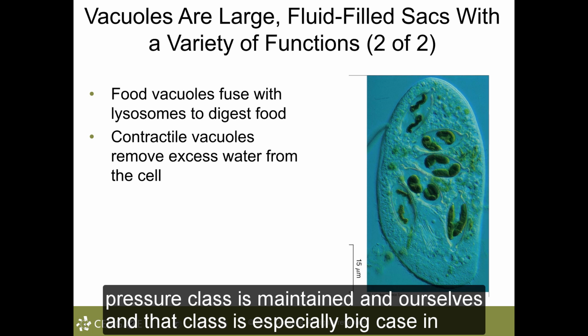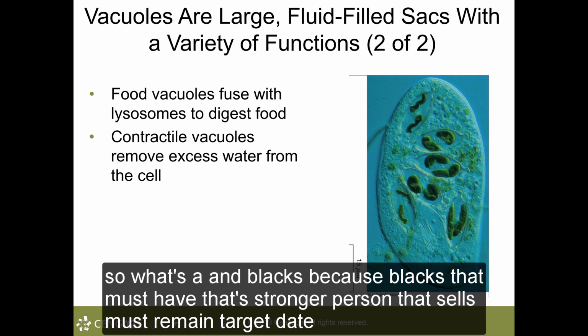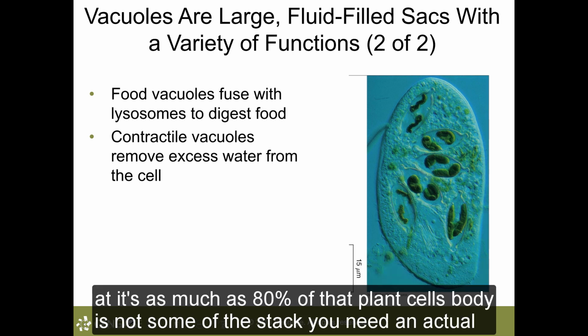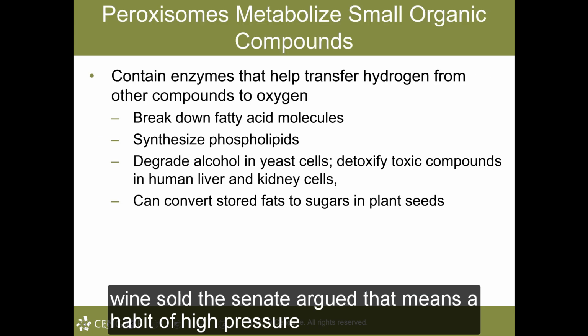I say in plants because in plants they must have that turgor pressure. Their cells must remain turgid, and as much as 80% of that plant cell's volume is nothing more than this vacuole, and that's a lot of it. So when I say they're turgid, that means they have that high pressure. And from here, we'll keep moving on to the next, being the peroxisomes.